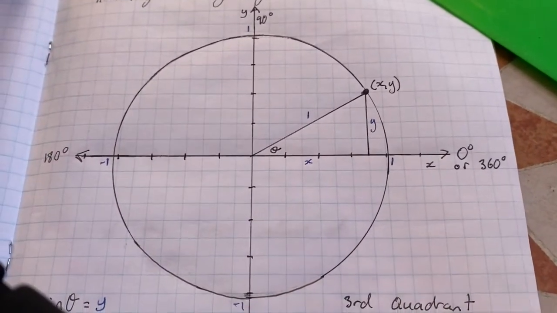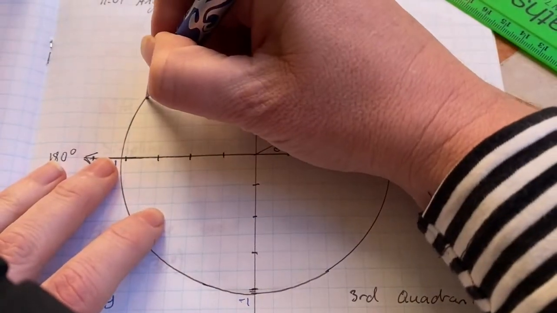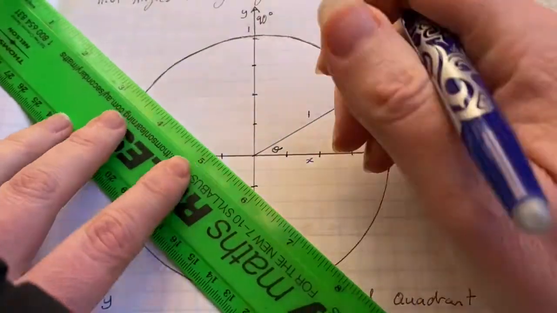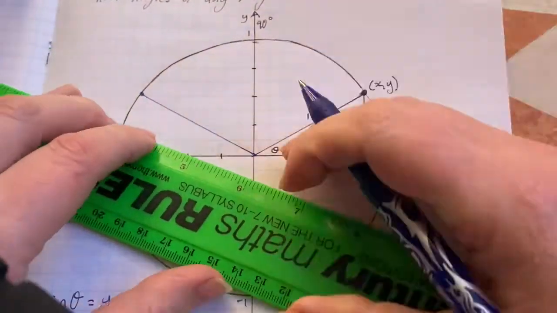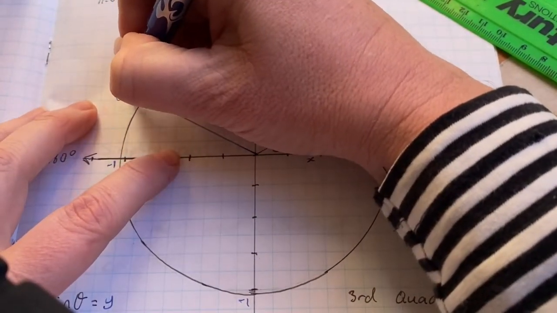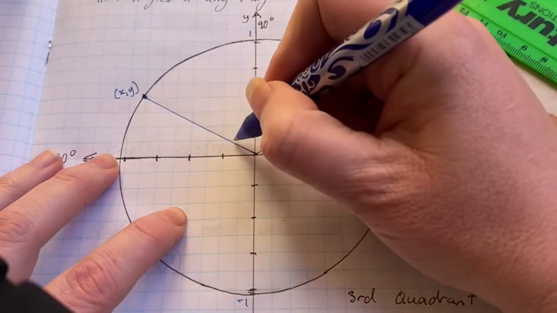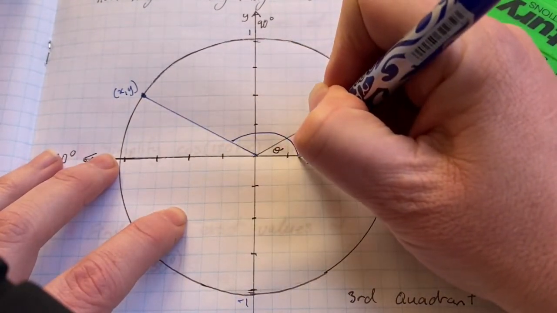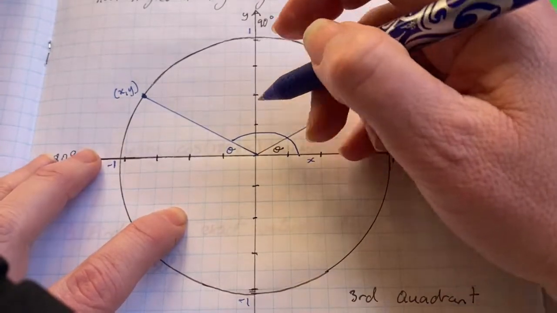Okay, now let's look at what happens in the second quadrant. So what I'm going to do here is draw this exact same triangle over here in this quadrant. So here's my line, and this of course would have coordinates x, y as well. Now this angle here, because this is theta in here, this angle would be 180 minus theta.